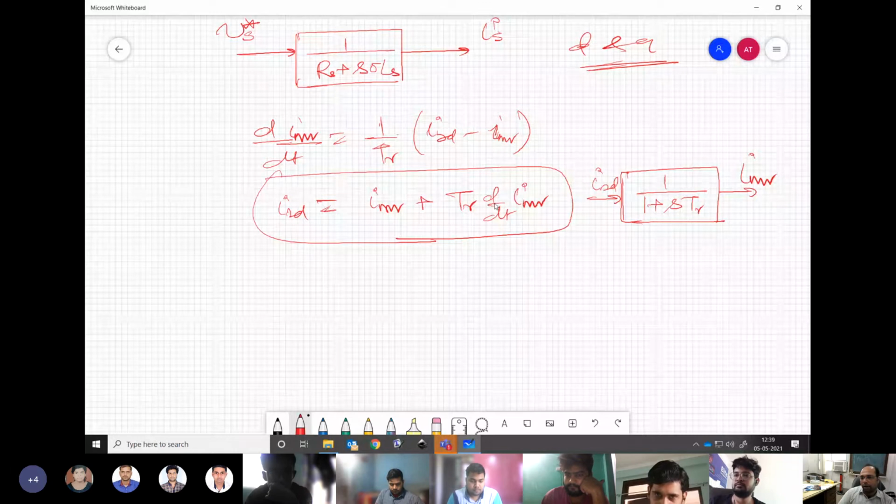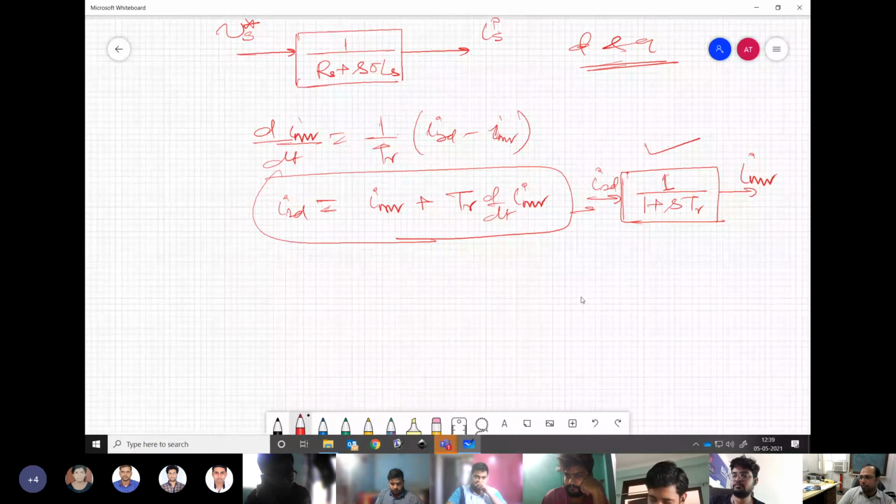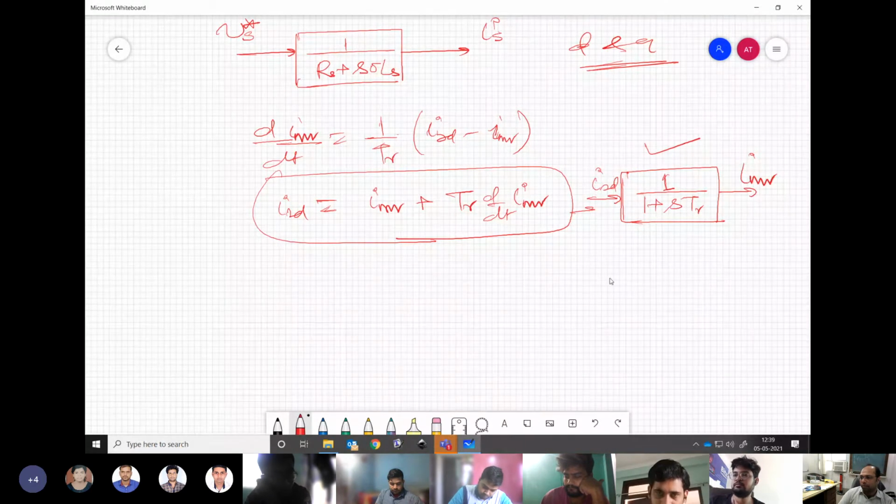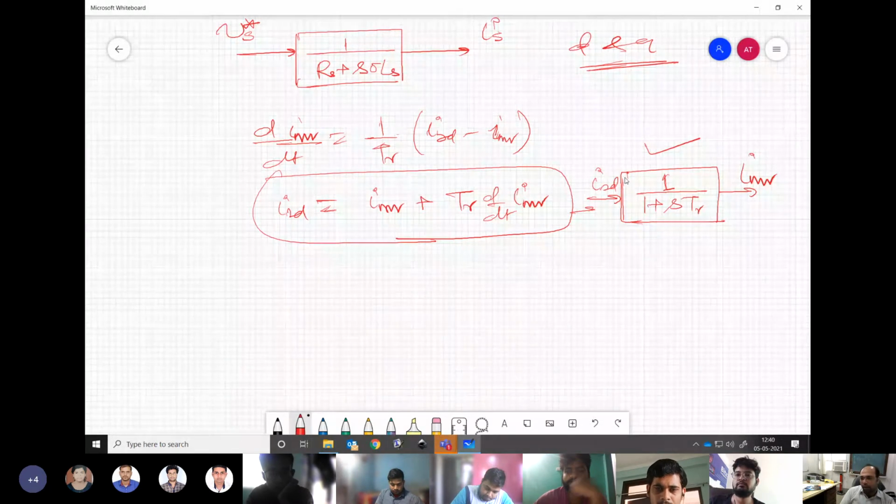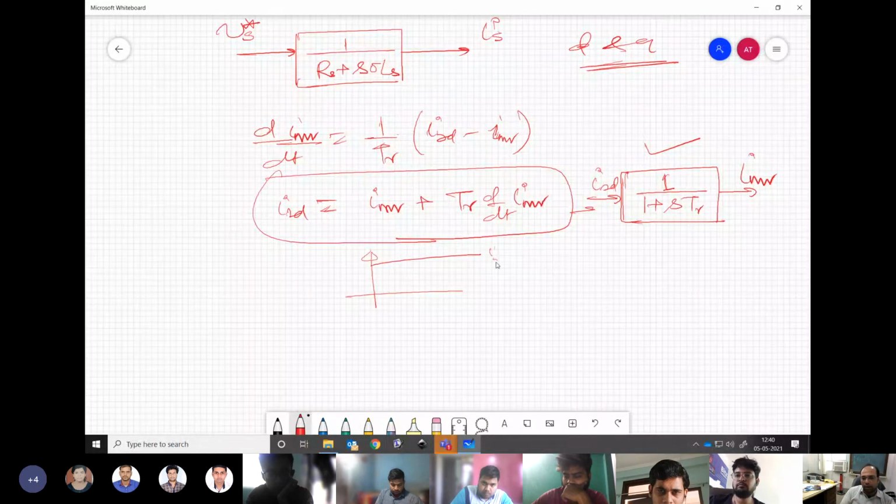So this is what we have when we write the plant for this model. Correct? Basically, ISD is the input. Let us say if you give a step input to this plant, your IMR response will be something like this, a first order response.